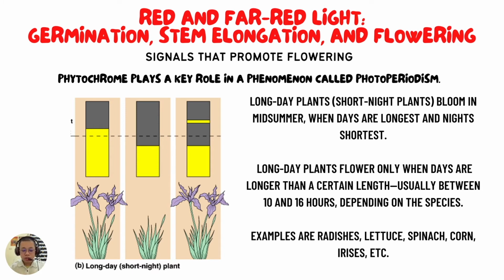However, in this third column, the plant still flowers. Even though it did not reach the critical length of blooming, after the 12 hours, if the plant is exposed to a flash of light or artificial light, the long day plant will bloom.